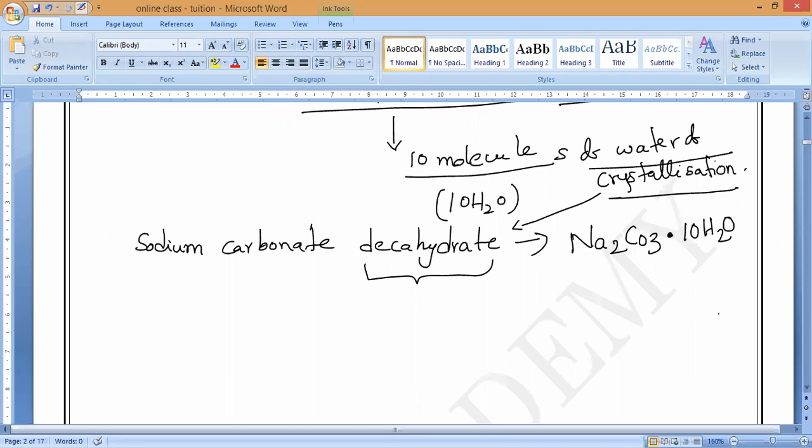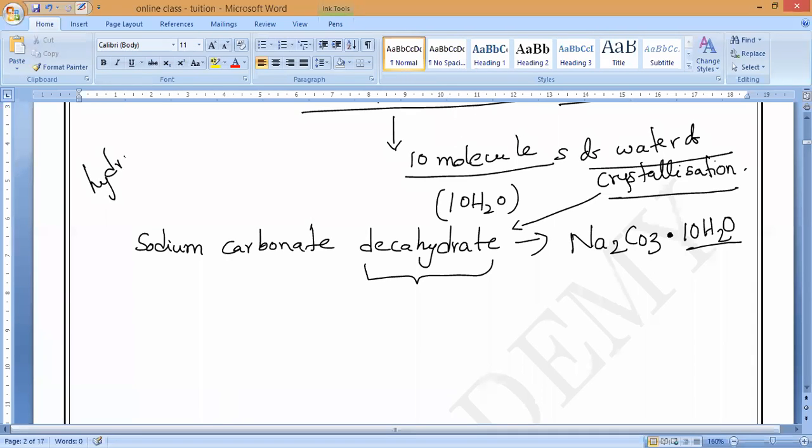Actually, these kinds of water-containing salts are called hydrated compounds. Any substance that contains water is called a hydrated substance.